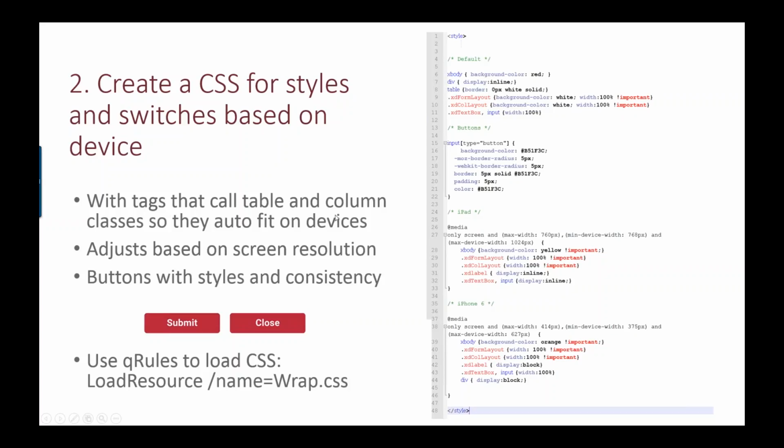So with tags that call table and column classes, this again is for making sure that our layout tables auto-fit on devices. And you'll see right here the CSS, and I hope this is clear enough. We've got some custom lines here for iPad, for iPhone 6, and by default we're using the desktop.